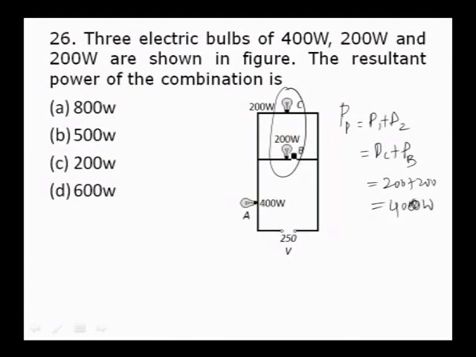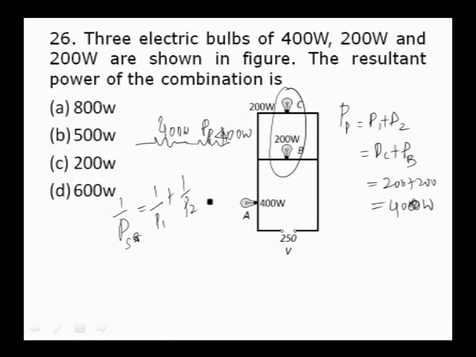This 400 watt is in series with the 400 watt bulb. Both are in series like this. This is the combination, the parallel combination is how much? 400. When they are in series, we have effective power in series: 1 by PS is equal to 1 by P1 plus 1 by P2.